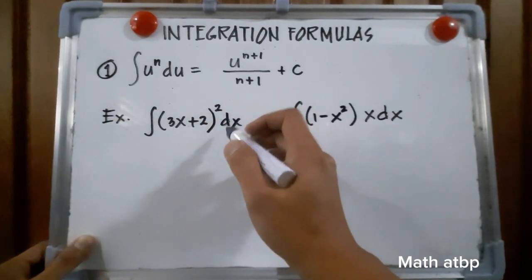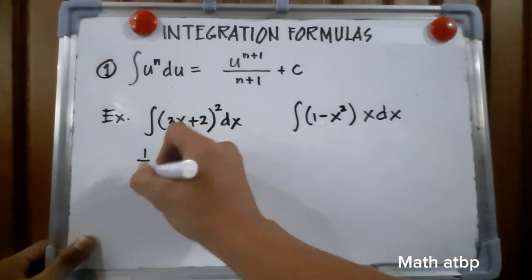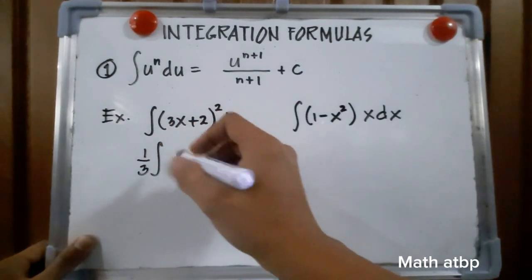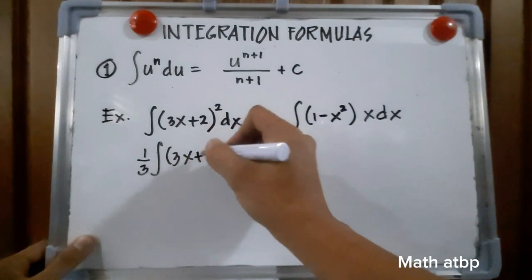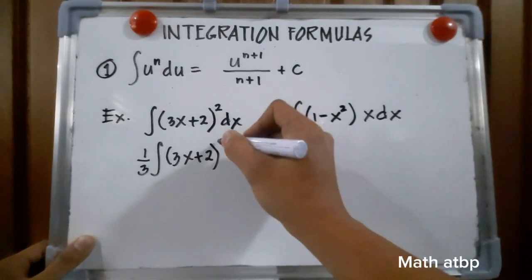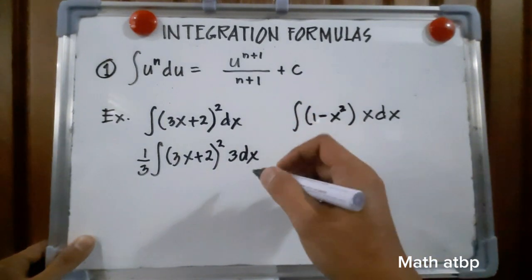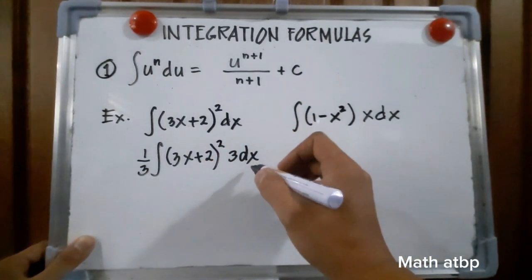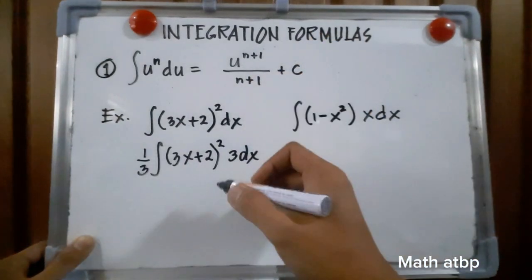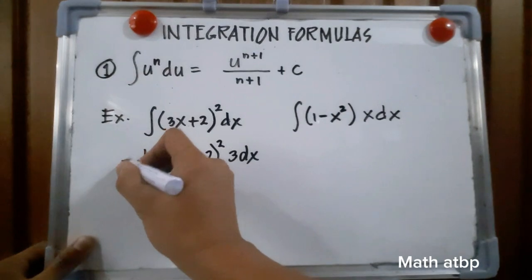So to compensate that 3 dx, we'll be placing 1/3 outside the integral sign, and then we have here 3x plus 2 raised to the second power 3 dx. Okay? So the derivative of 3x plus 2 now is 3 dx, which satisfies the formula.